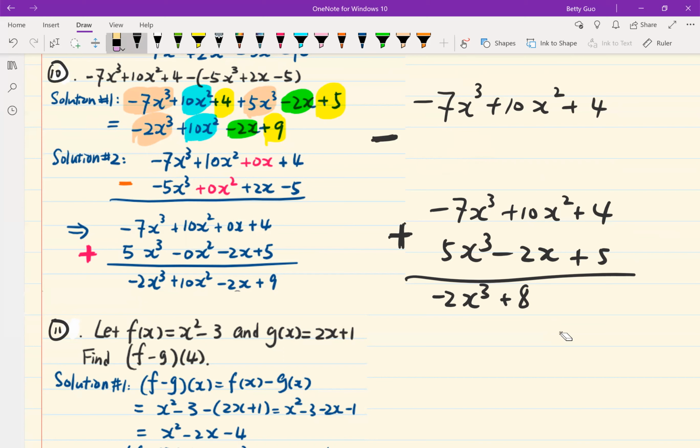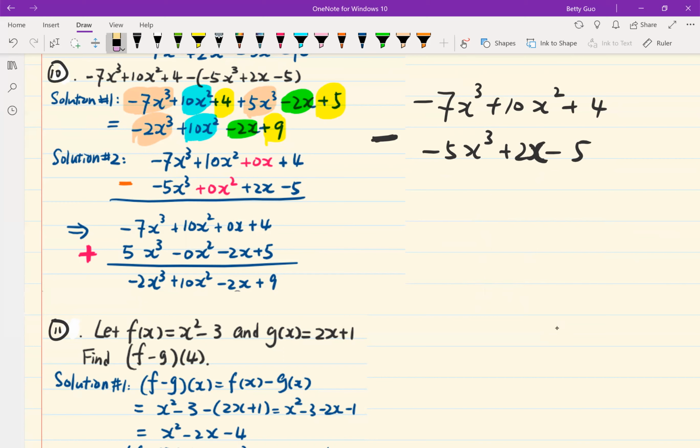So the second polynomial is -5x cubed plus 2x minus 5. So when you notice that the first polynomial is actually missing an x term, you can rewrite the polynomial as -7x cubed plus 10x squared plus 0 times x plus 4.